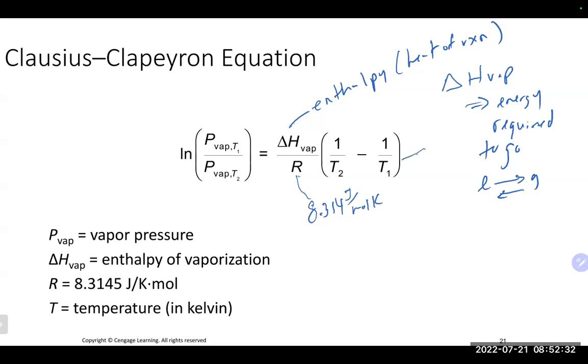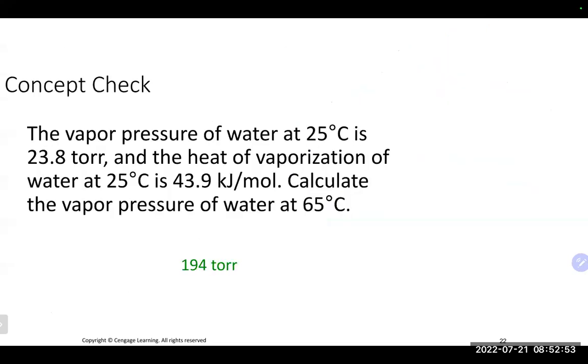Temperatures here do need to be in Kelvin, like all the other formulas here. So again, if you know a couple of things here, you could plug and chug, looking for what you are looking for, whether it may be a temperature, vapor pressure, or even the enthalpy.